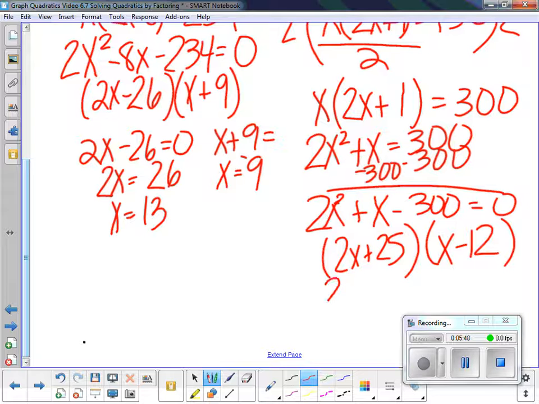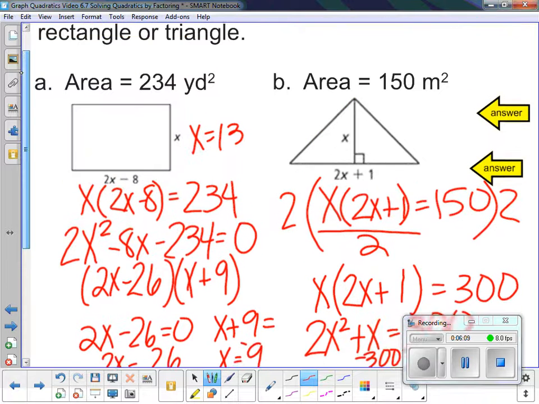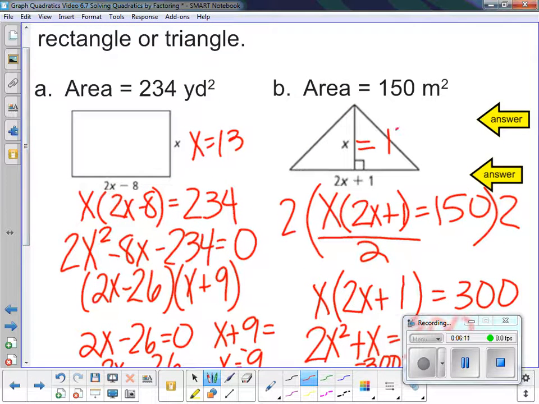Set them both to 0. 2x plus 25 equals 0, 2x equals negative 25, x equals negative 12 and a half. But we know we can't have a negative. So x minus 12 equals 0, so x is equal to 12. Back up here, x equals 12.